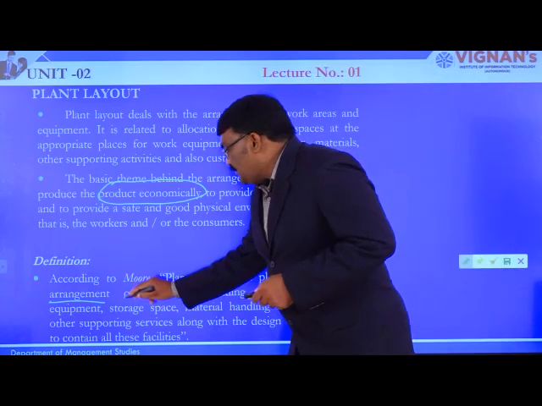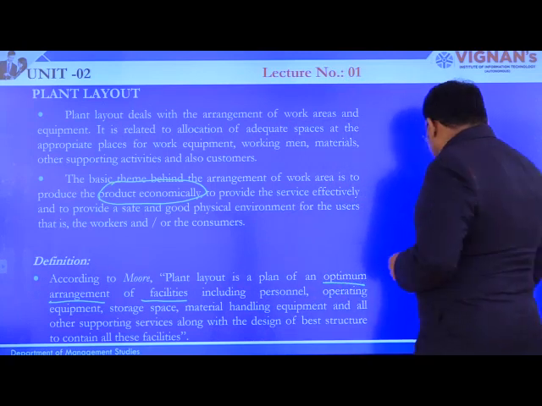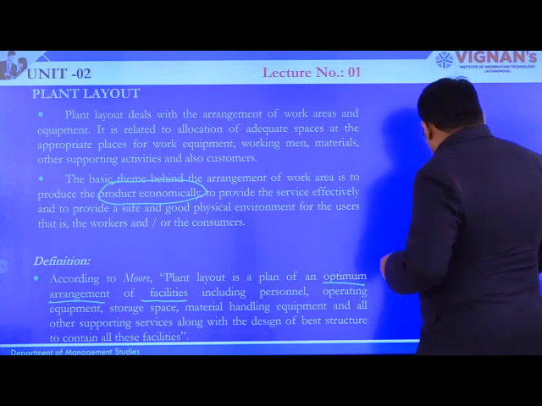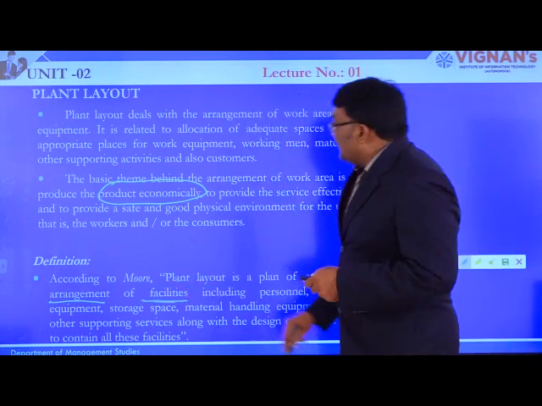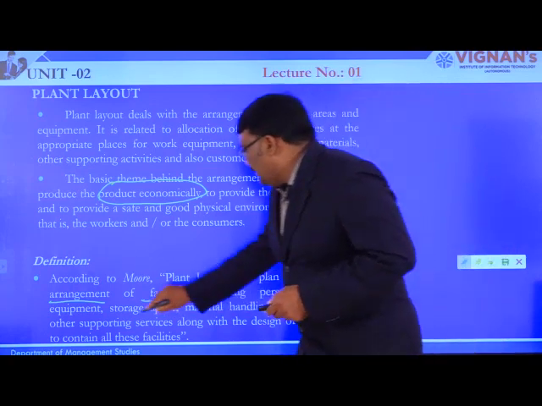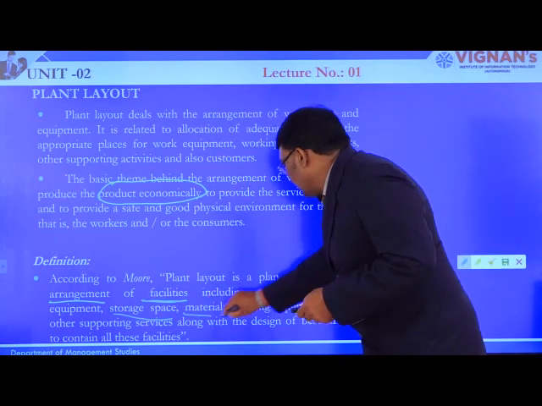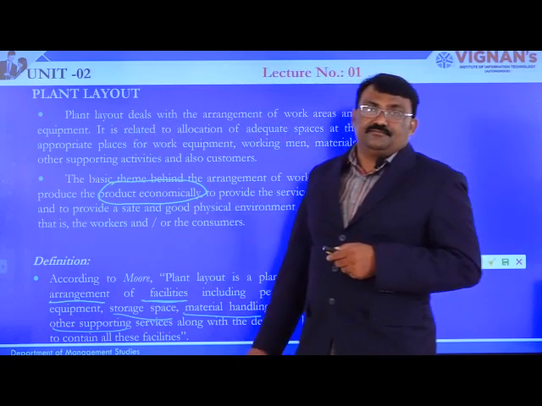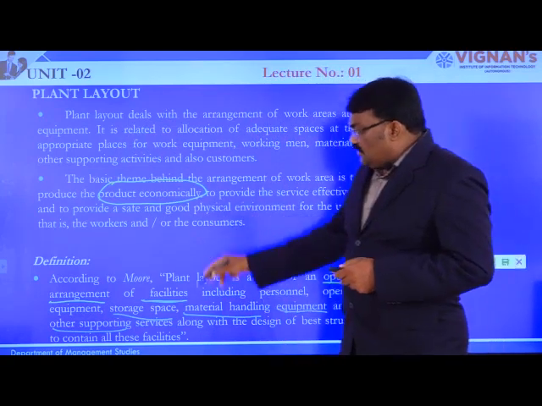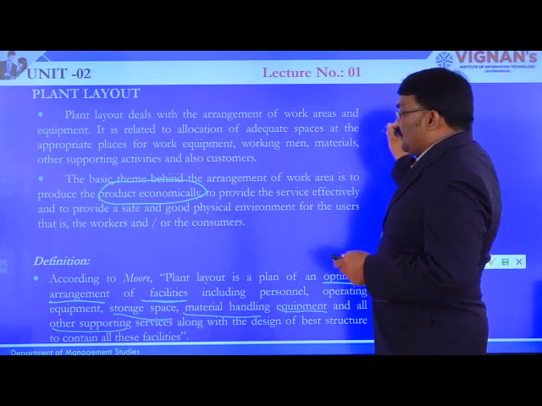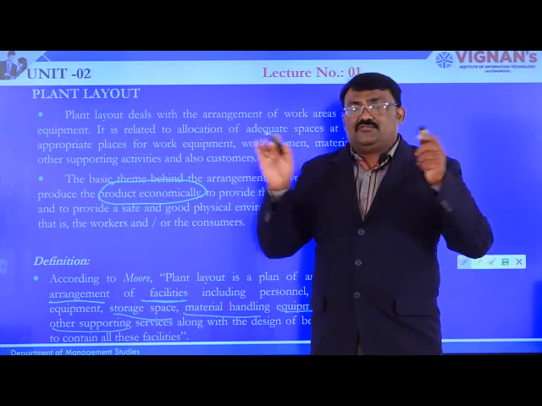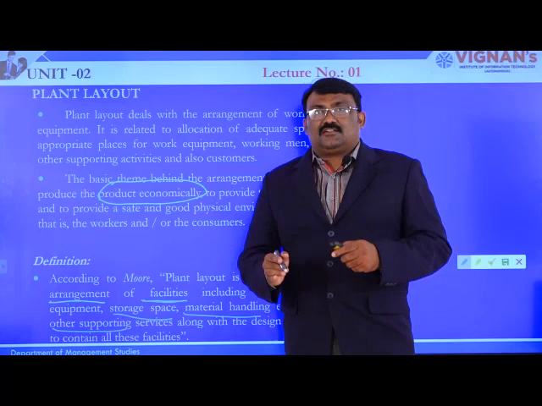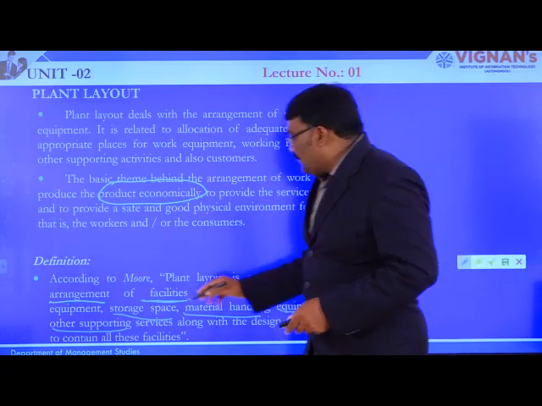So, arrangement of what? It is the arrangement of facilities, the storage space, the materials handling, the equipment and other supporting activities, which we have seen. All these are arranged in such a manner, as in the diagram we have drawn, with all the raw material processing arranged in a sequence, that will provide the most optimum arrangement.